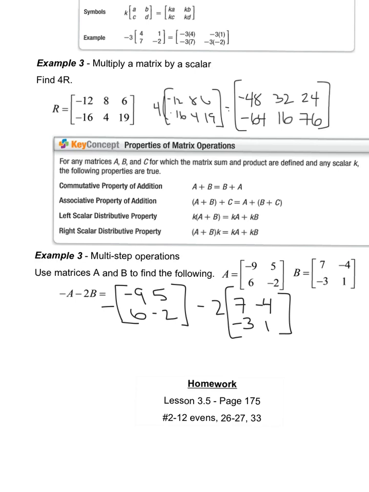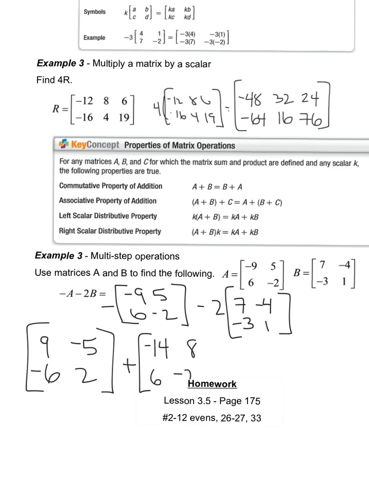I would take care of the subtraction first and then change it over to addition. So we have 9, negative 5, negative 6, and 2. Then I'm going to distribute a negative 2 to everything. So I have negative 14, 8, 6, negative 2. So my answer is negative 5, 3, 0, 0.